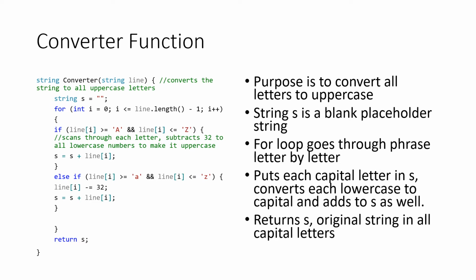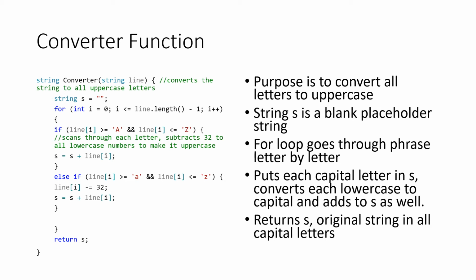The converter function, the purpose of it is to convert all the letters the user enters into uppercase letters so that the computer doesn't have to worry about distinguishing between uppercase and lowercase, because from our perspective, it's all the same. Again, we have another blank placeholder string s that'll get filled in as we go. The for loop will go through the original phrase the user entered letter by letter, starting at the beginning.